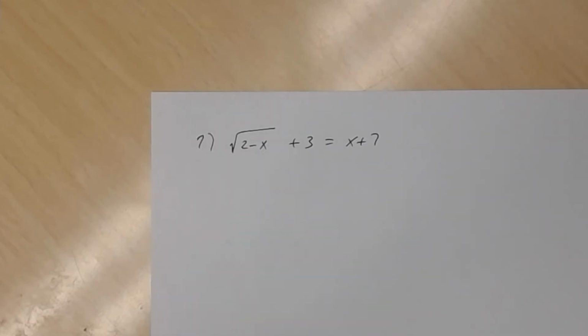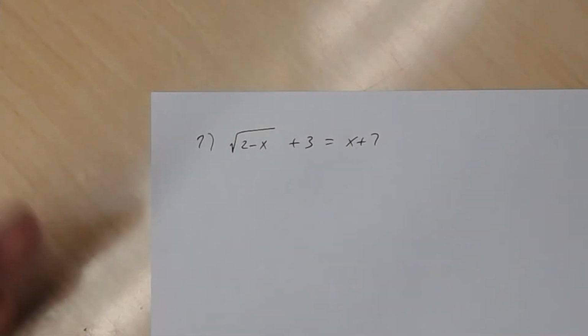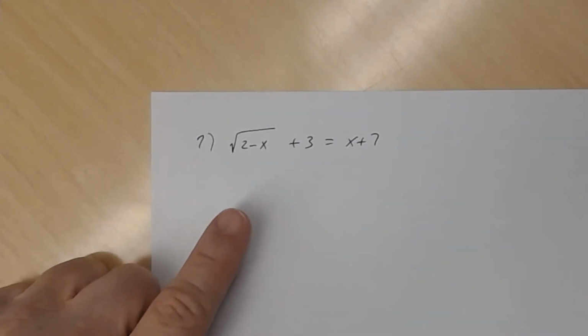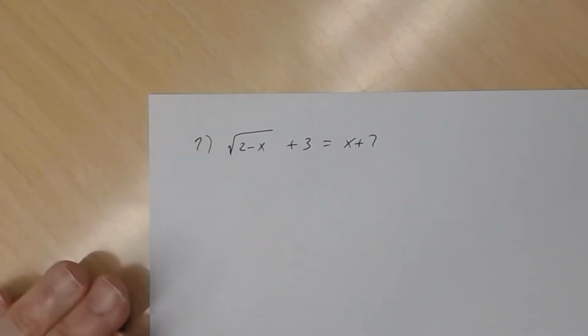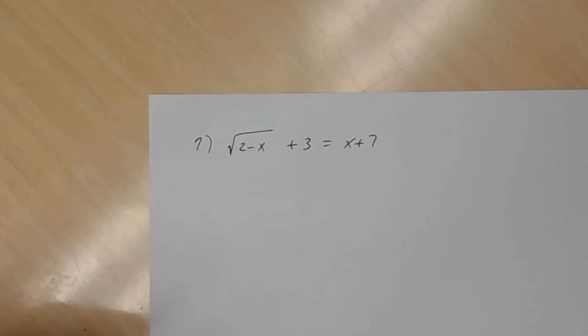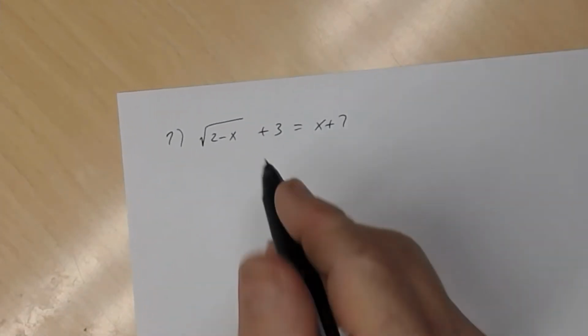Now this is going to be a little bit more complicated, and you're going to see in the process why it's more complicated than the other one. But it's doable. You just have a few more issues to deal with.